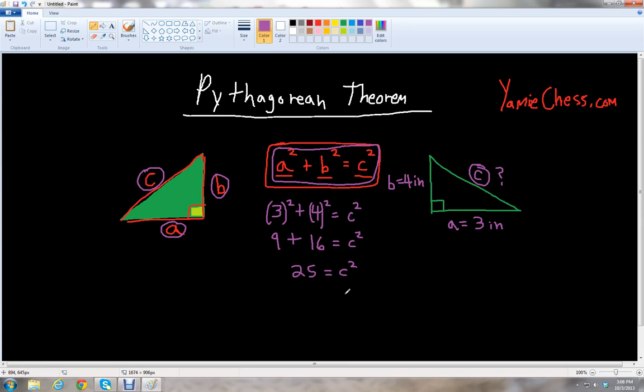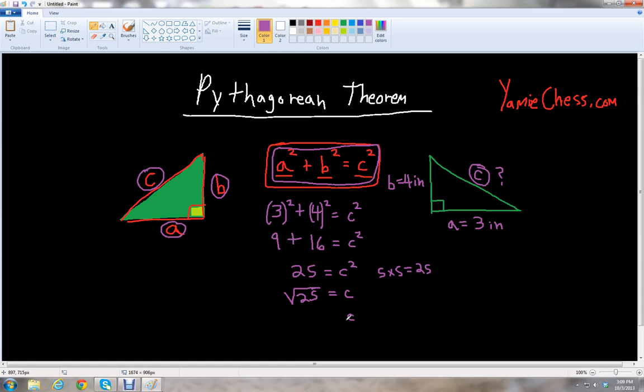To figure out C, we need to take the square root of 25. The square root of 25 is the number that times itself is 25. 5 times 5 is 25, so it must be 5.